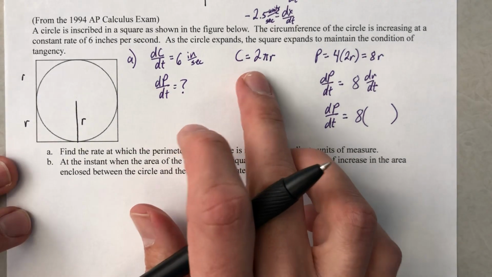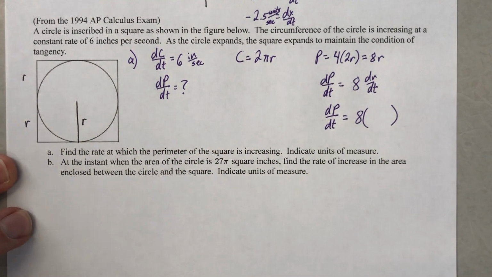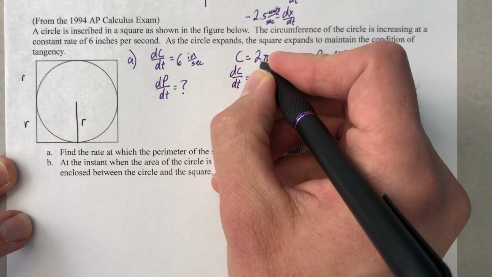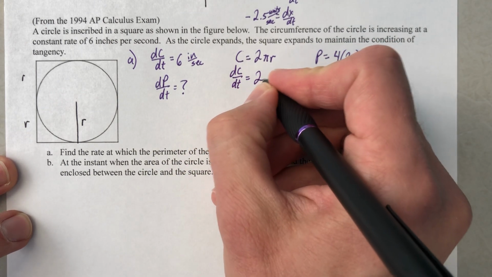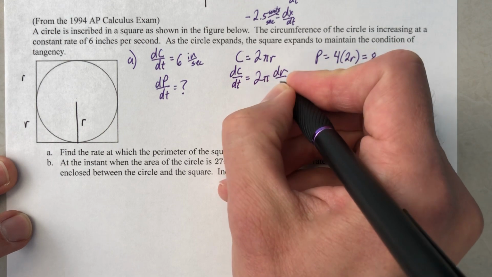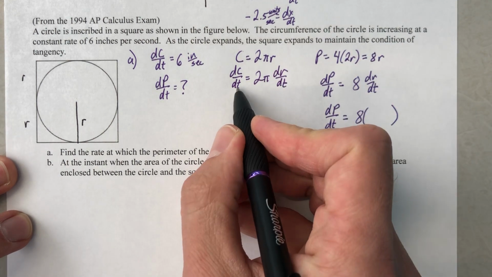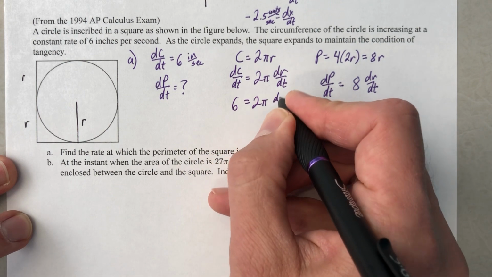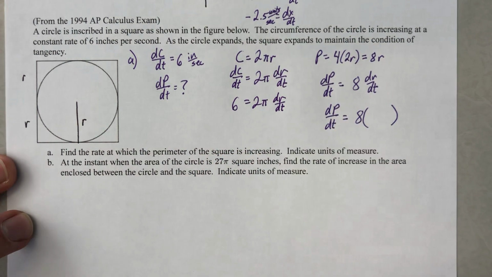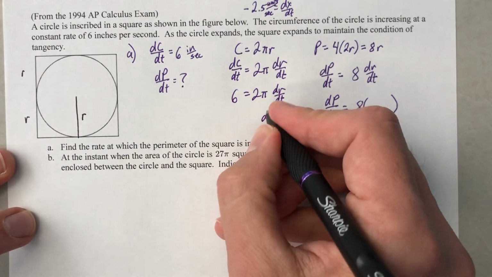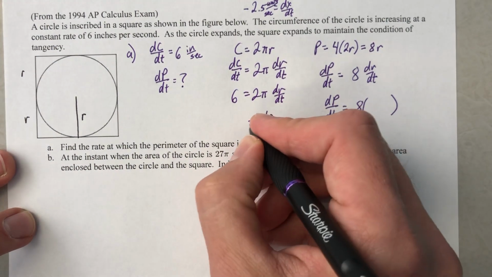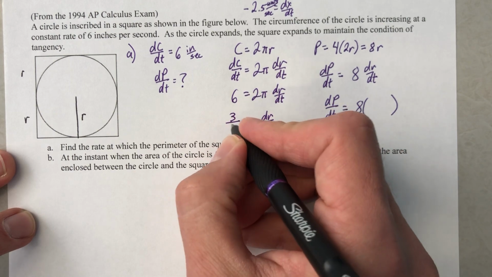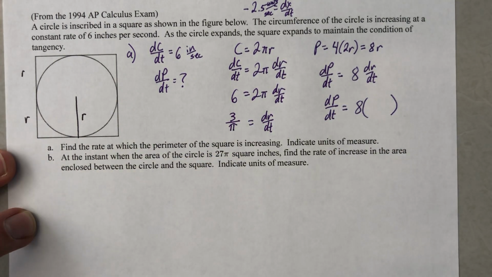So let's jump over here. dC/dt equals the derivative of 2 pi r, which is 2 pi dr/dt. We know this is 6, and we'll find dr/dt by dividing by 2 pi. That gives us 6 over 2, so 3, and then pi in the denominator.